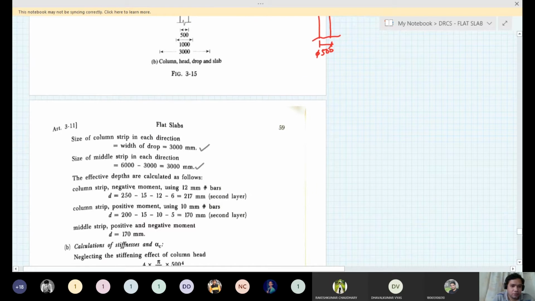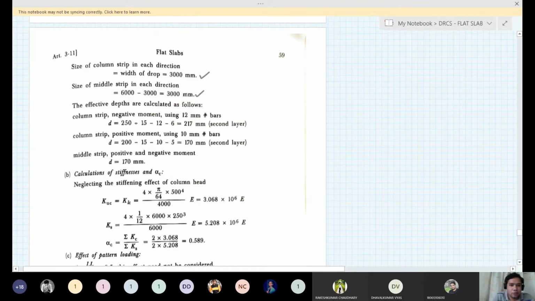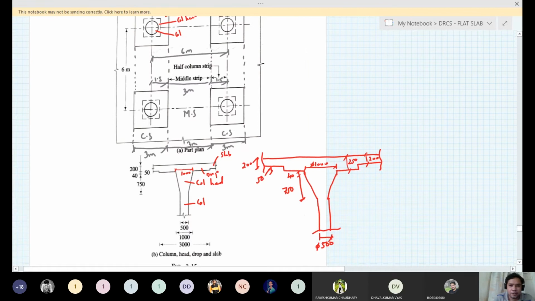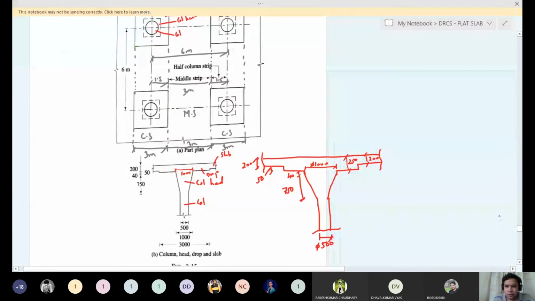For the column strip negative moment using 12 mm diameter bars, near the column strip the depth of the slab is 250 mm. Wherever there is a column strip, if you see this section here, the depth is 250 mm.